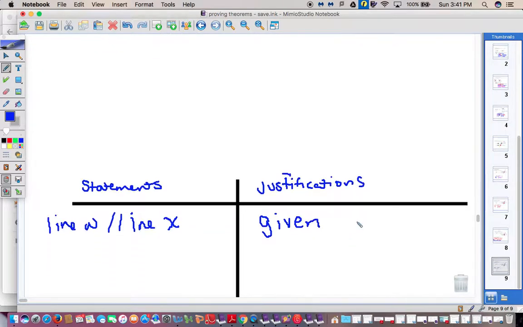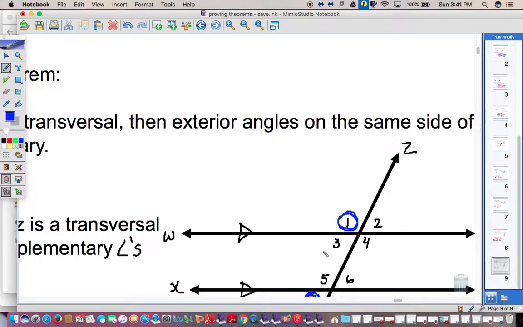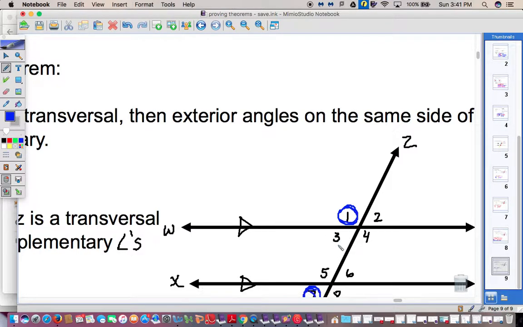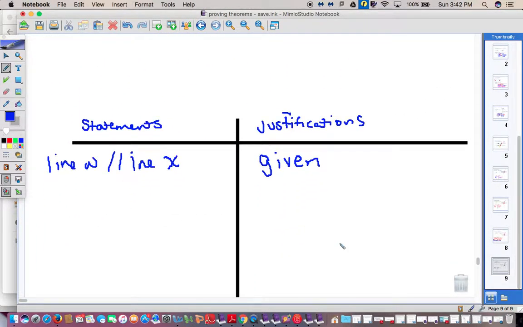Okay, so we can start by looking at angle 1 and angle 3. And what do we know the relationship is between angle 1 and angle 3? Well, they're a linear pair. So we can say that angle 1 and angle 3 form a linear pair, and that's by definition of linear pair.